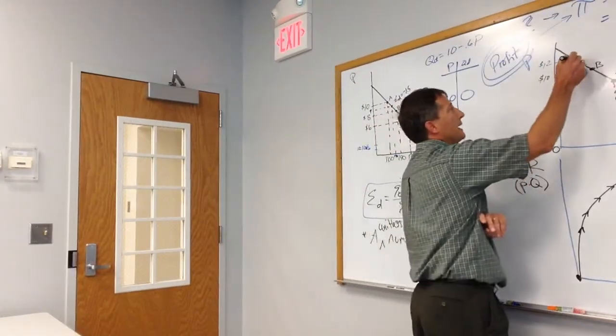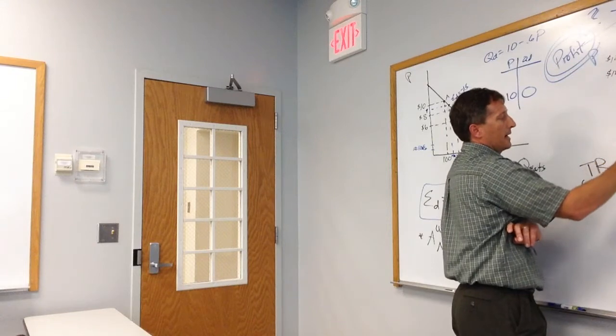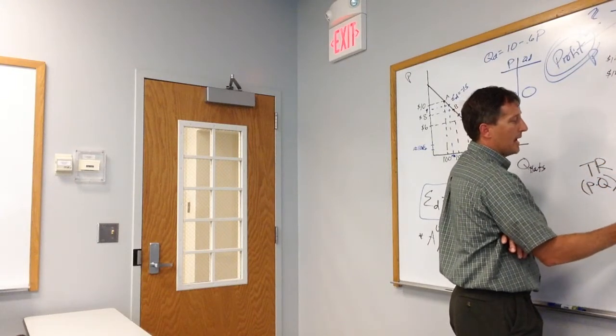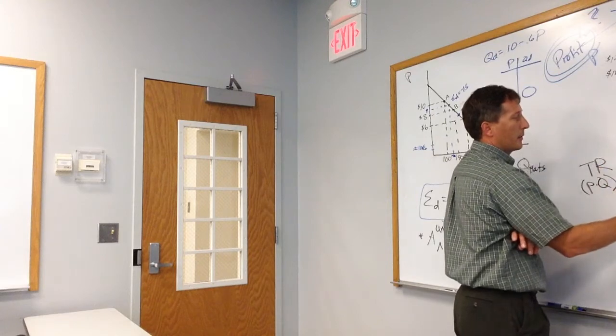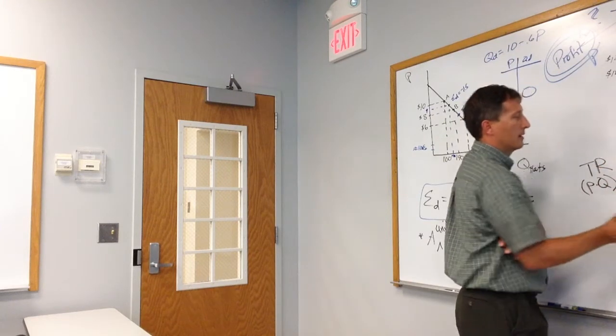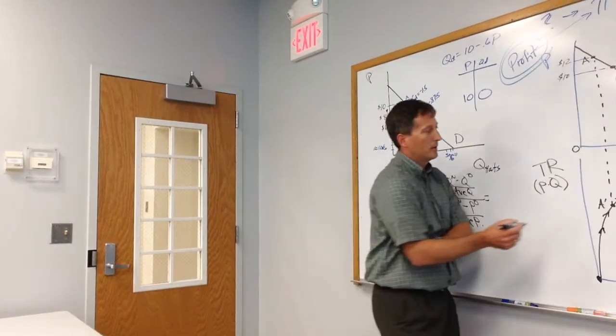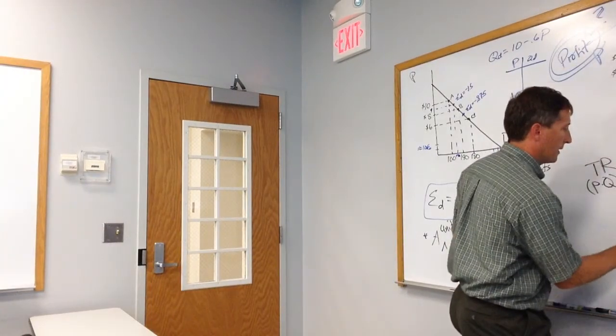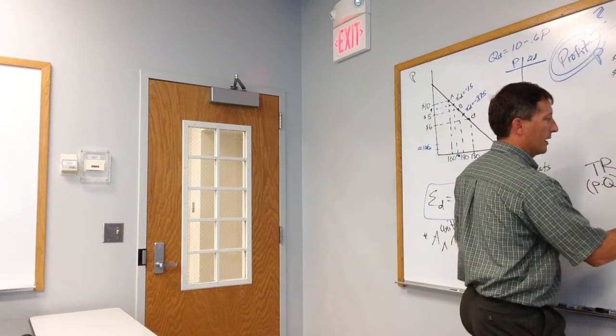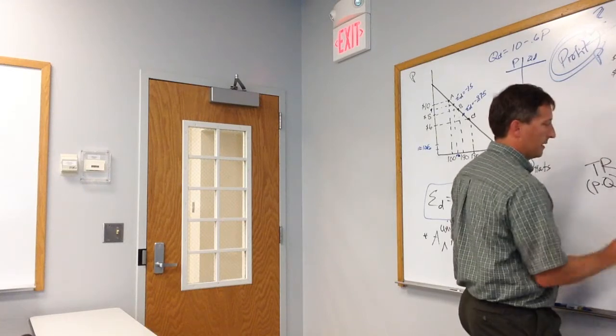point A and B are connected to points A prime and B prime down on the revenue graph. So points A prime and B prime are connected on the revenue graph. I just want to get these so that we can see that good.